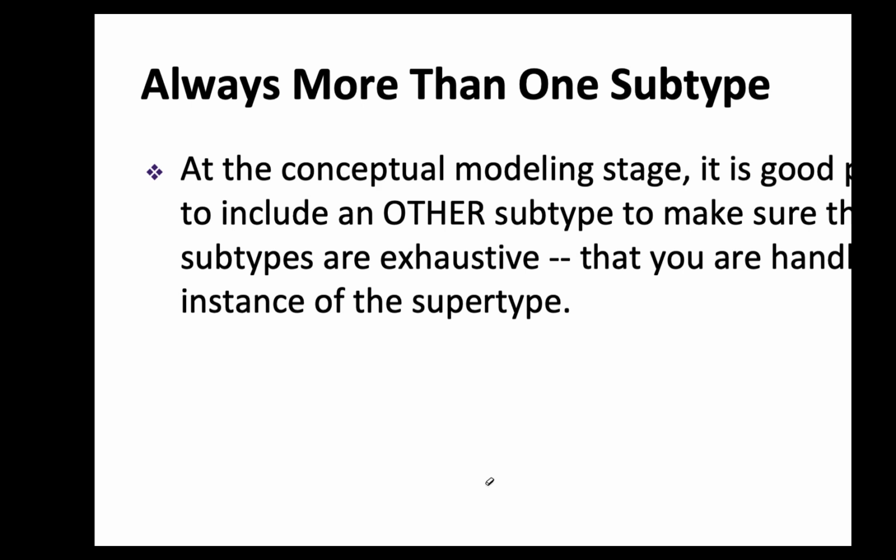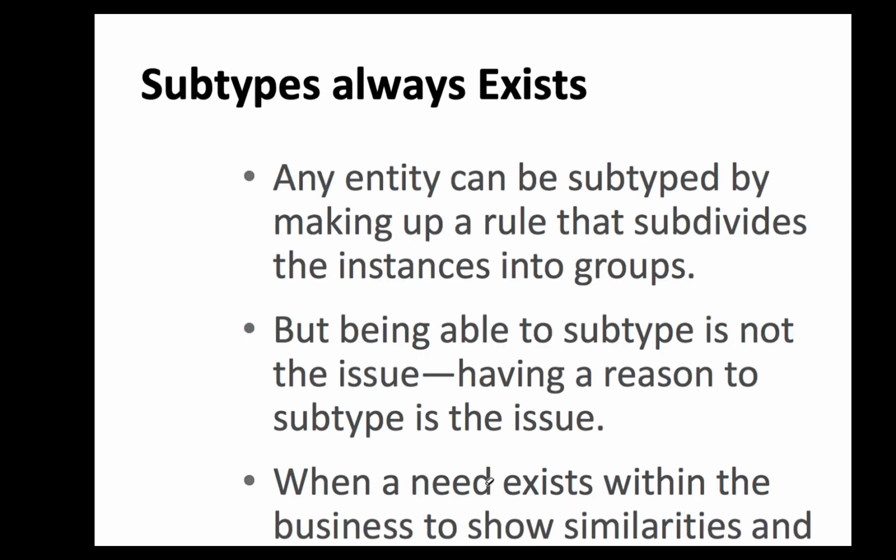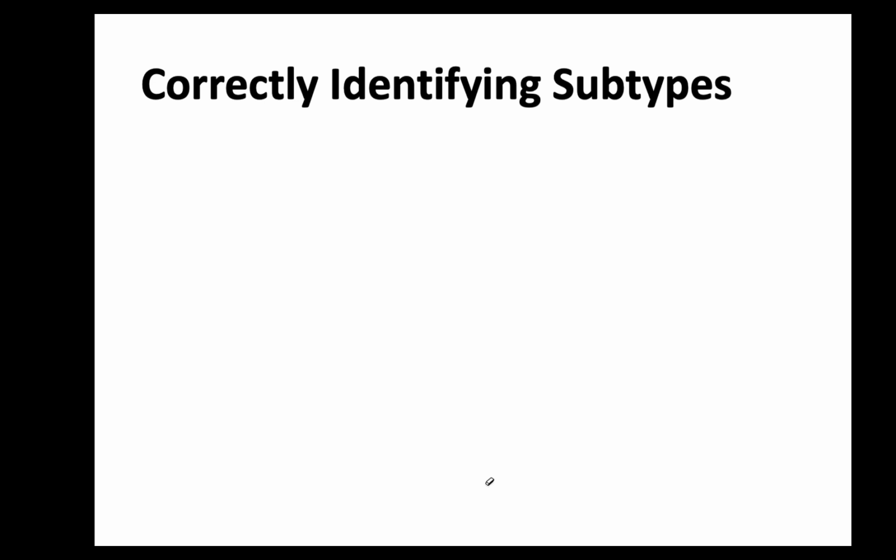Exhaustive means at least one entity can accommodate each instance, at least one. You are ensuring that, so this is exhaustive, okay? So here, in the wall covering example, paint, wallpaper or fabric, but there could be a fourth option as well. So for this purpose you can simply add another subentity named other. So we have talked about this.